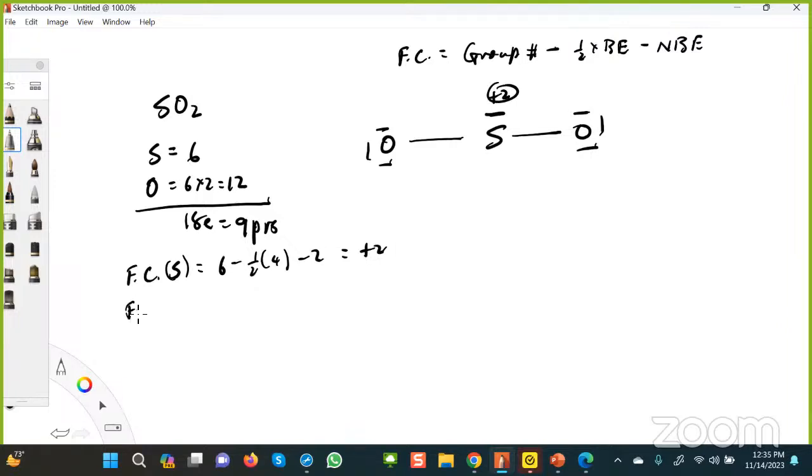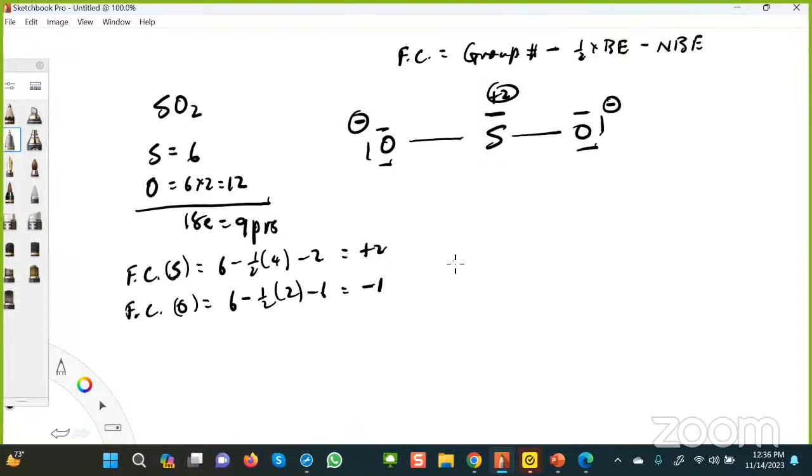And then we do a similar calculation for the oxygen. It's group number 6 minus half of 2 minus 6, which will be equal to, let me see here, 6 minus 7. So each oxygen will have a minus 1 charge. All right?